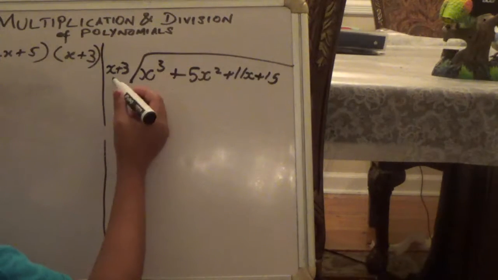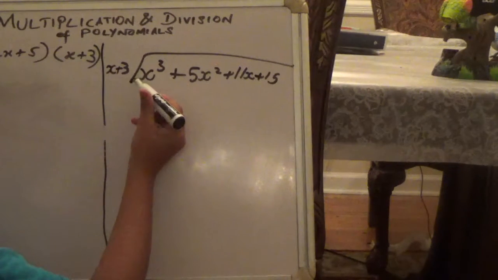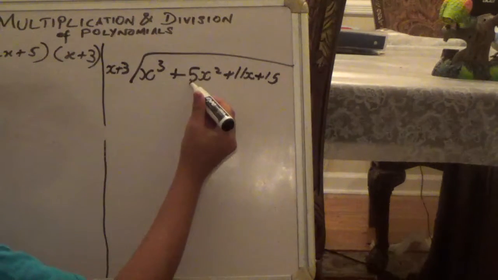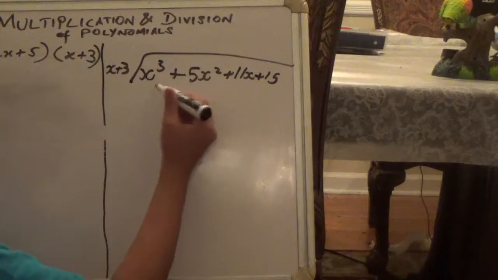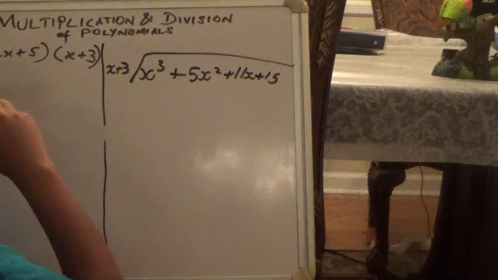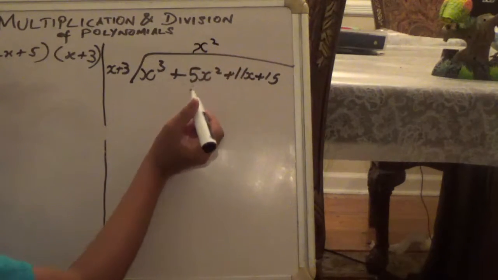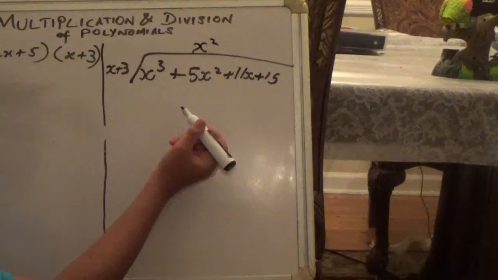If you multiply x plus 3 by x squared, it won't really match with the 5x squared, but we can cancel the x cubed. I'll show you what I mean. So you multiply it by x squared. We're treating it like a regular division problem.